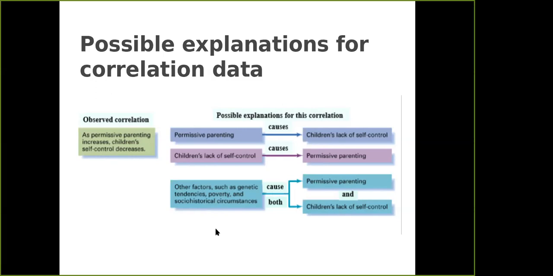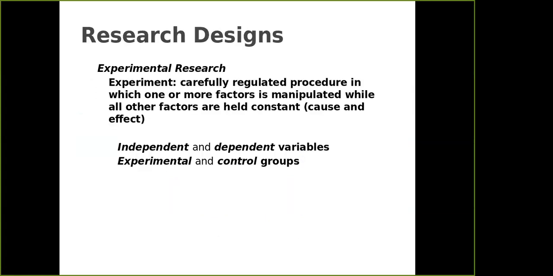And that's one of the limitations of correlational designs, is because you didn't control for that other explanation. You didn't have a way to account for that alternative explanation. So you never know if you have a causal relationship.